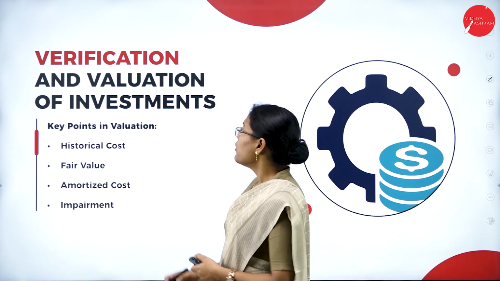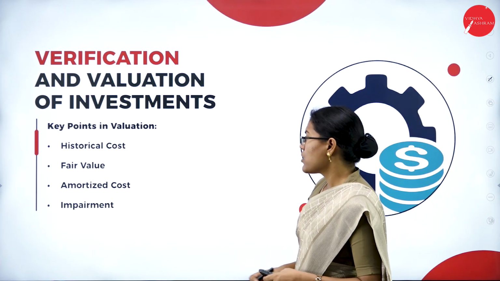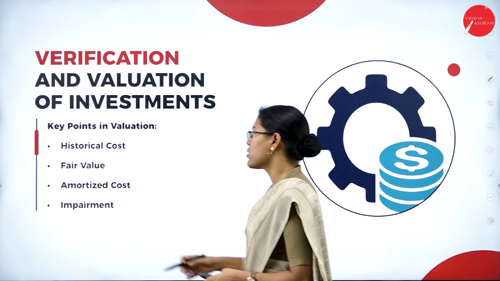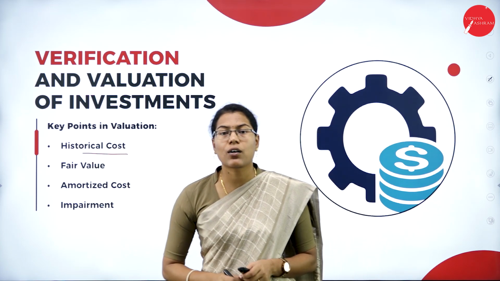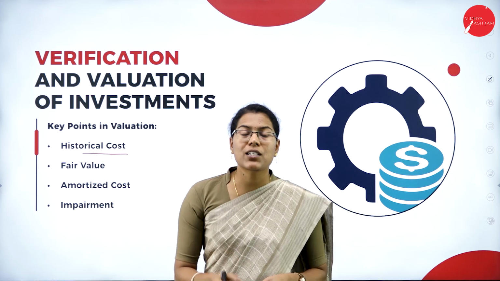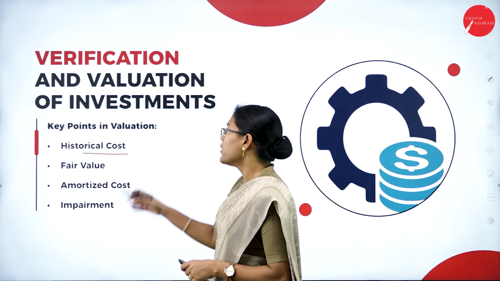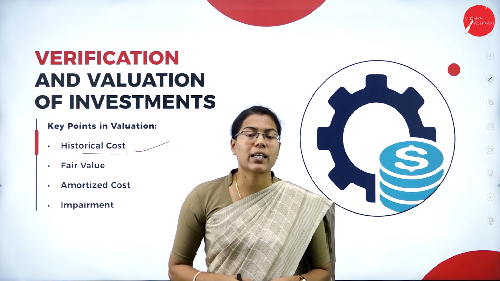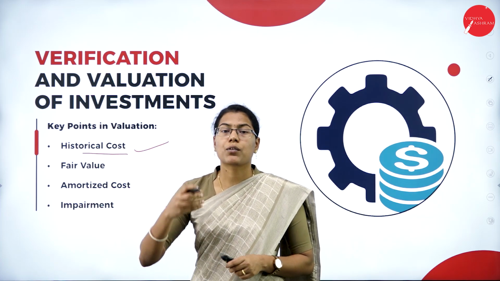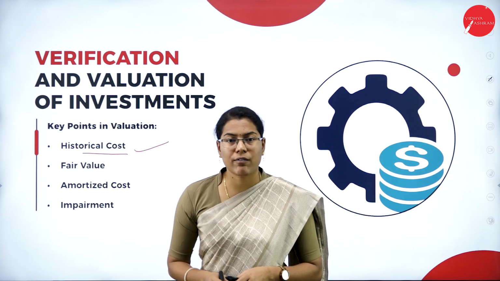Then coming to the valuation of investments, some of the key points include checking the historical cost. Historical cost is basically the initial value at the time of making the investment.